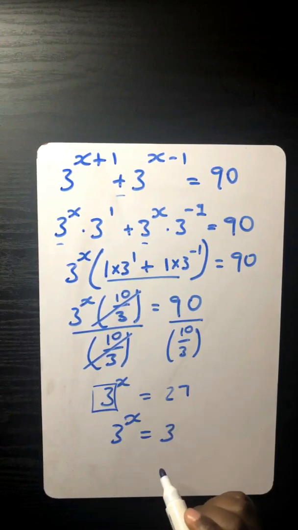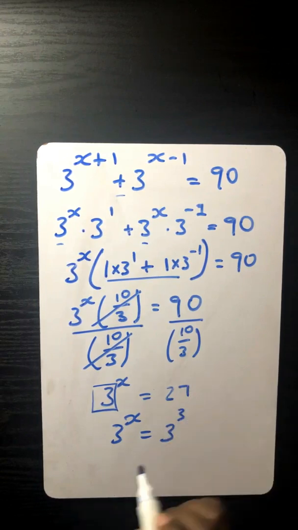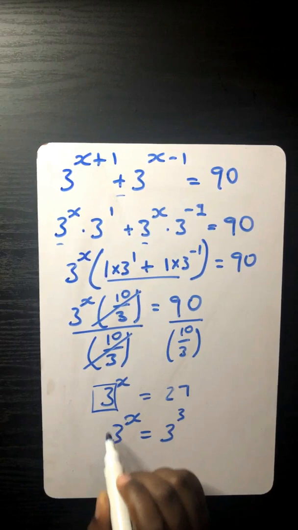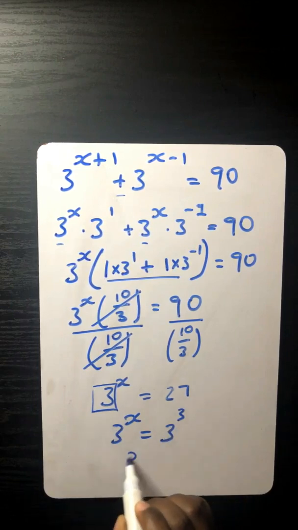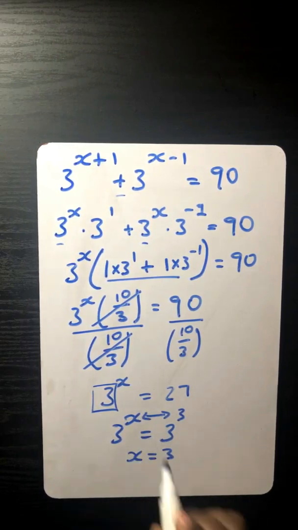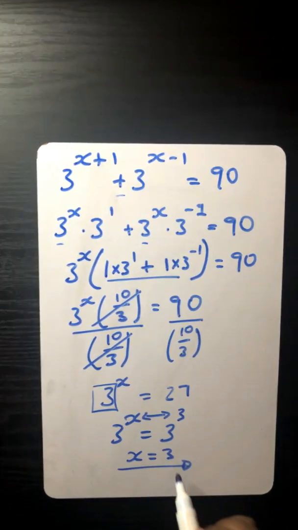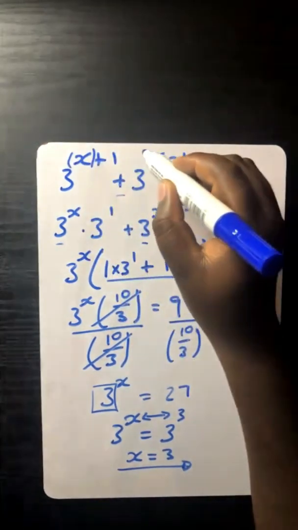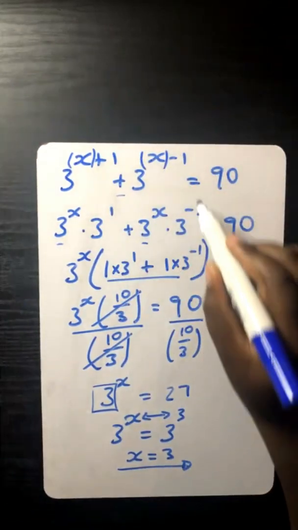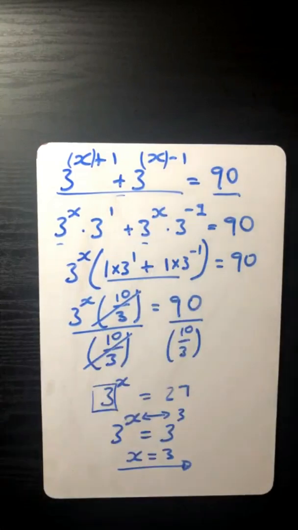Exponent 3, sir. 3 to the exponent 3 is 27, which means the bases are the same. We equate the exponents. So 3 is equal to x, or x is equal to 3. Therefore, it's done. So you can substitute 3 there and punch all of this on a calculator and expect to find 90.